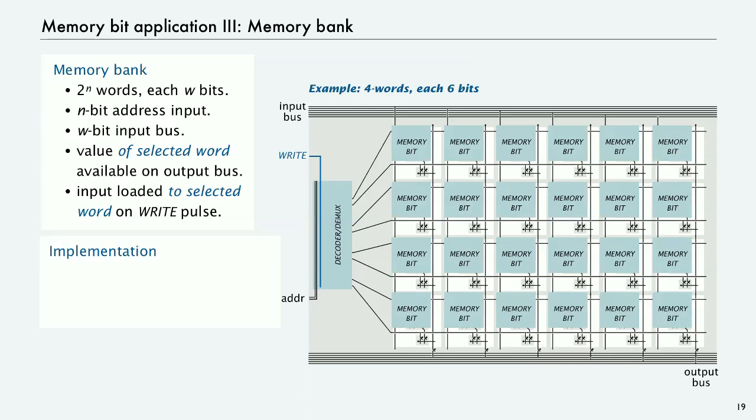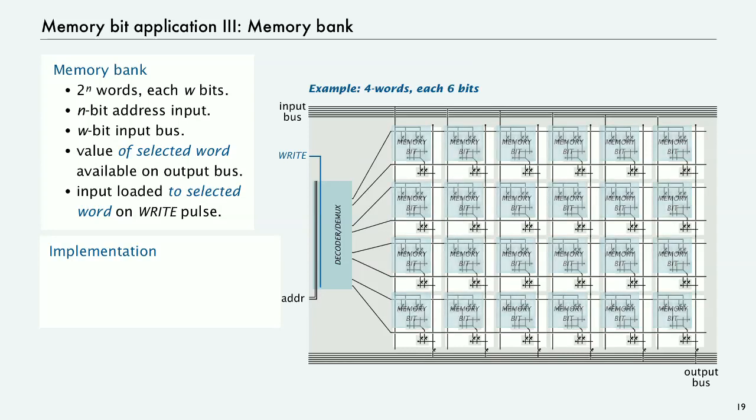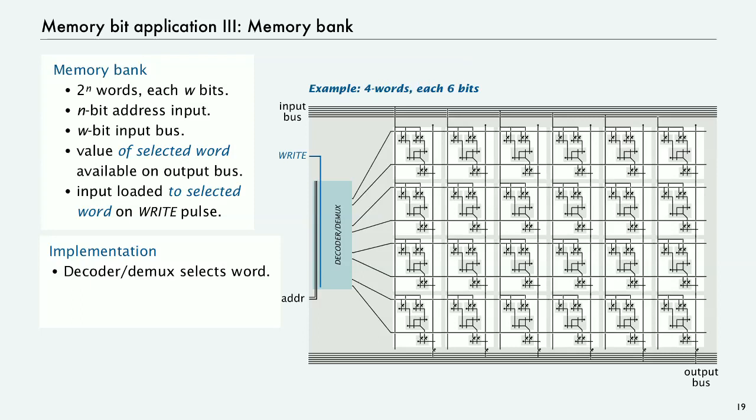So here's the implementation. For every memory word, in this case there are 4 words, each with 6 bits, so we have W bits going across for each word. And those are just memory bits, just as before. Now, over at the left, we have a decoder demux.